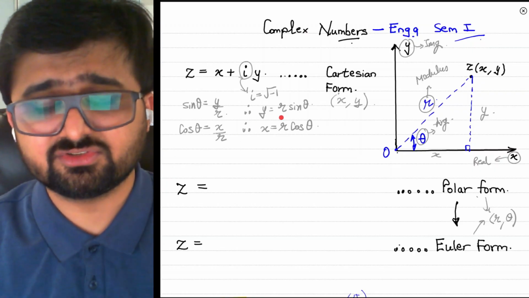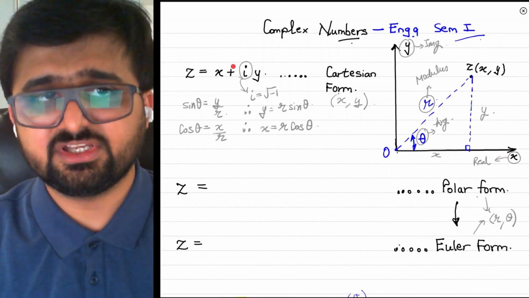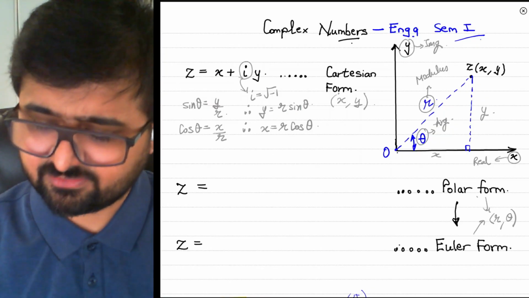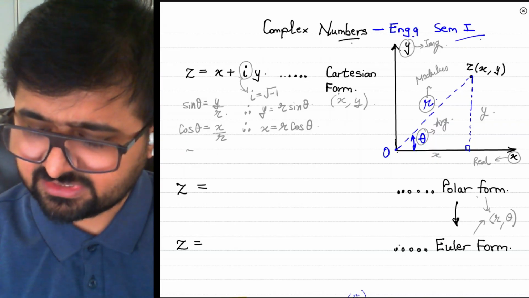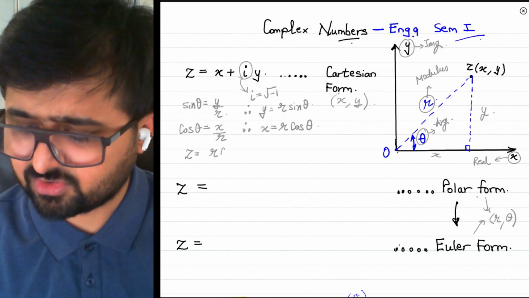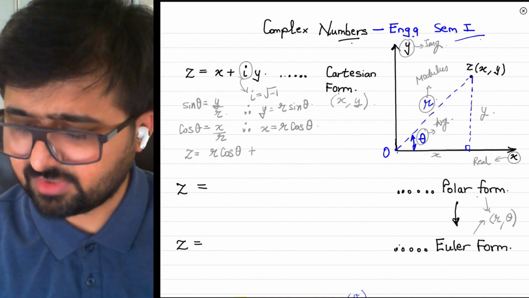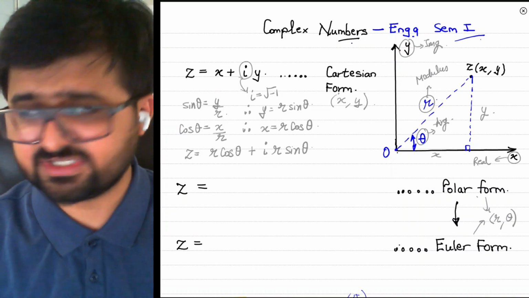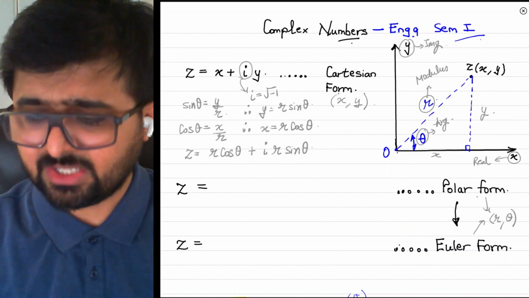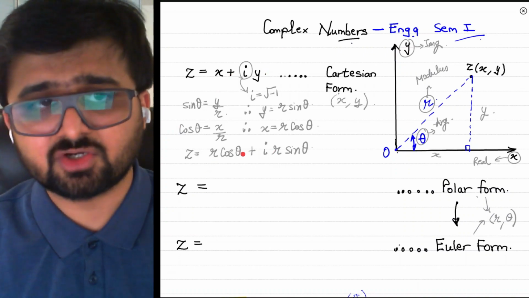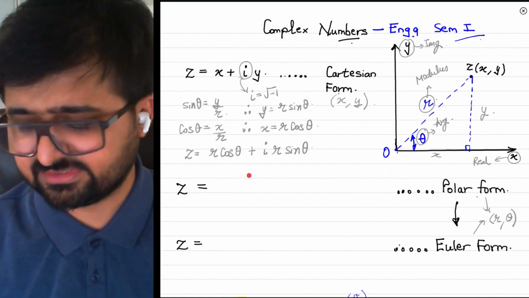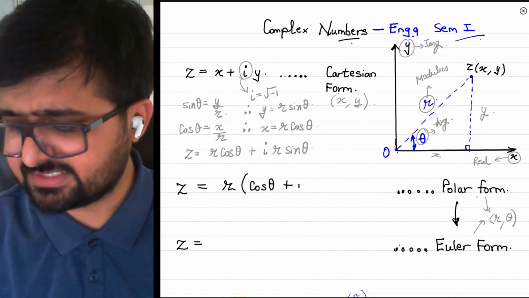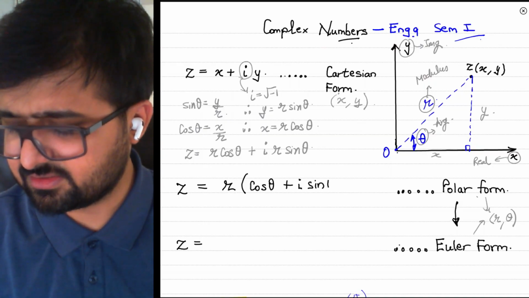Now, if you substitute those values in your complex number, you have basically converted your x and y into r and theta. So let's see what we get. We get z = r cos theta + i r sine theta if we substitute those values of x and y. Now, if I take r common from these terms, I get r (cos theta + i sine theta).